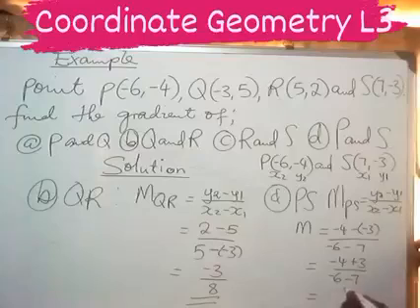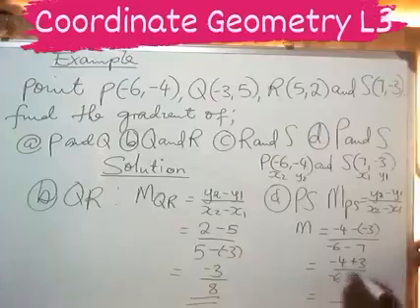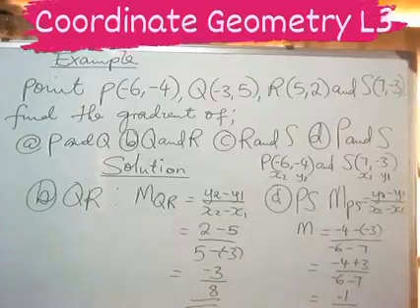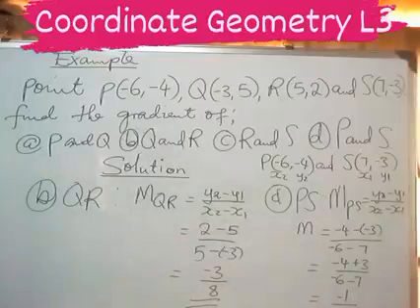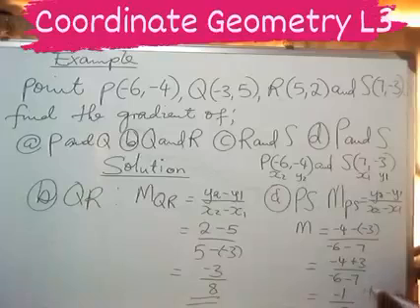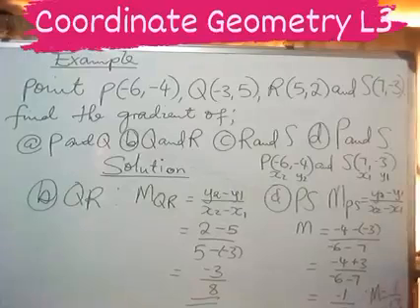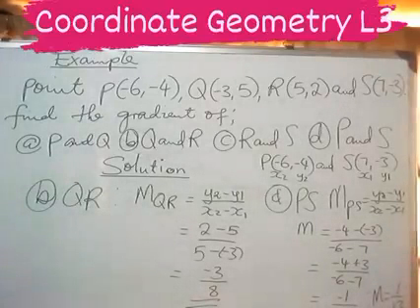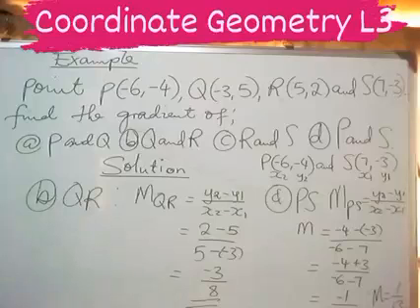So we have negative 1 over negative 6 minus 7, which is negative 13. Therefore our gradient is positive 1 over positive 13, because negative divided by negative gives us positive.